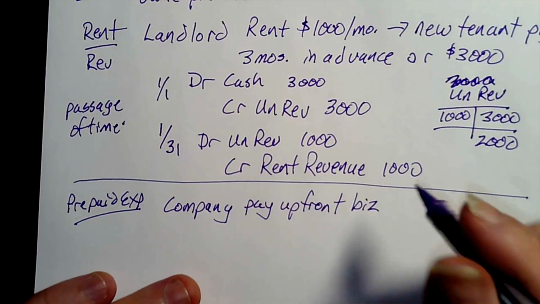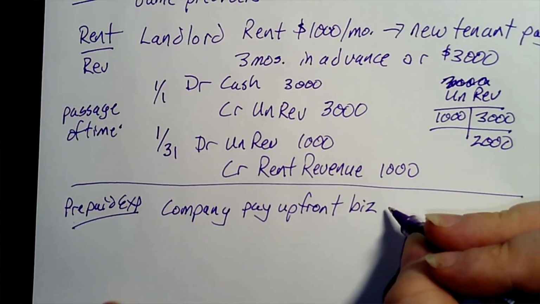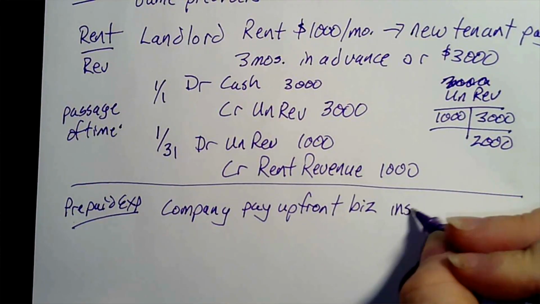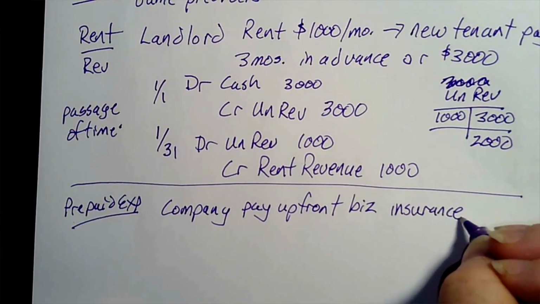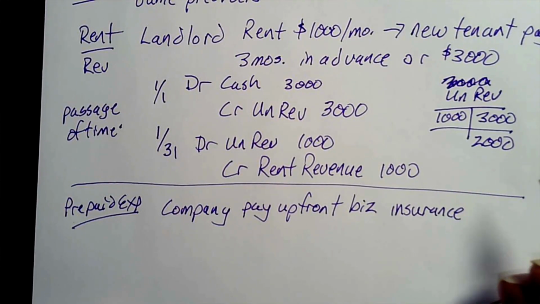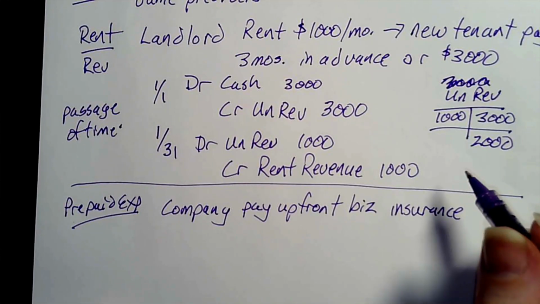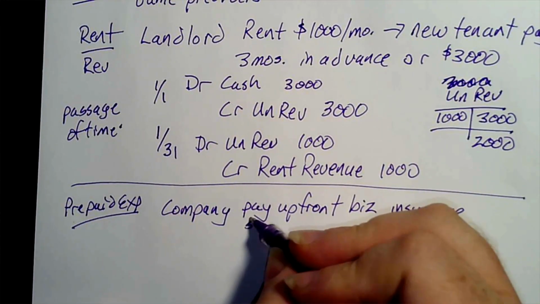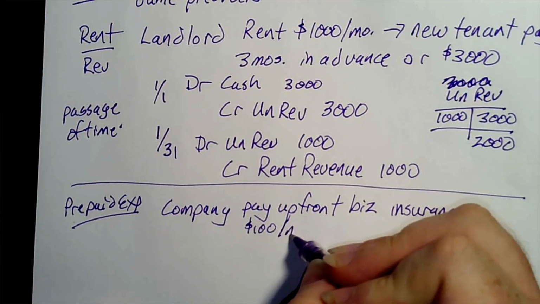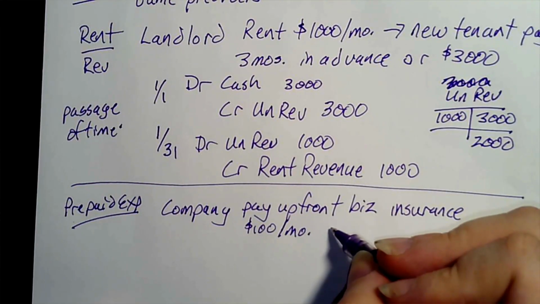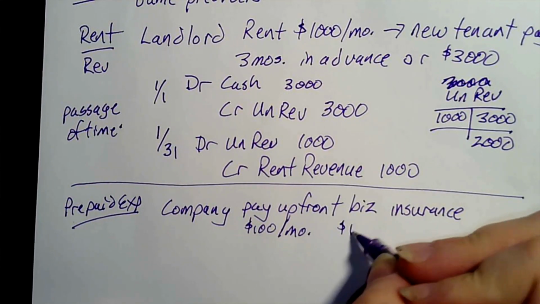You have some sort of liability insurance. And you typically pay insurance up front, right? Just like you pay your car insurance. So let's say it's $100 a month, but we're going to pay up front the full year, or $1,200 for the year.